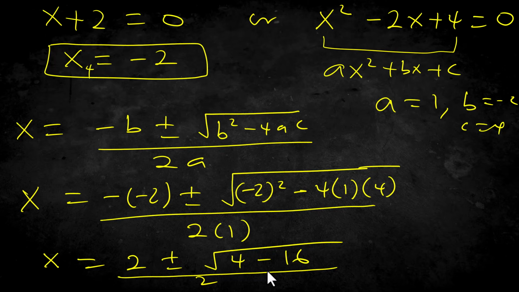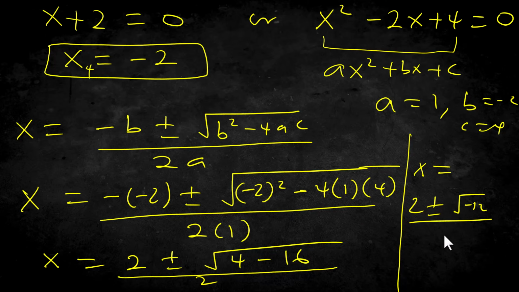So x equals 2 plus or minus the square root of minus 12 on 2. Remember, we've already solved the square root of minus 12 here, so that will be 2 plus or minus 2 root 3 i on 2.